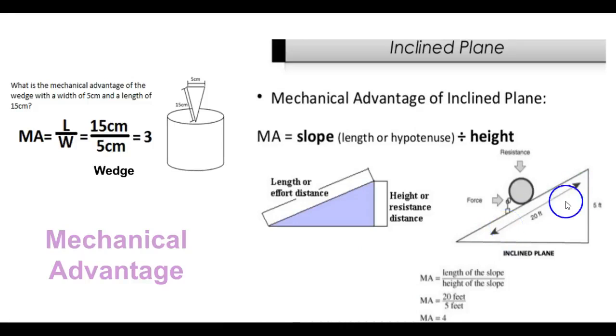And remember, that's opposite our right angle, so our length or our hypotenuse. And then we're going to look at our height. And our height is going to be the actual distance from the top to the actual bottom of the slope. And we see that's 5 feet. So we're going to put 20 feet over 5 feet, and then we get a mechanical advantage of 4.